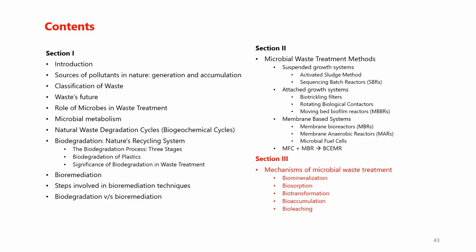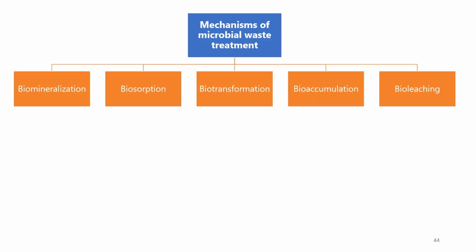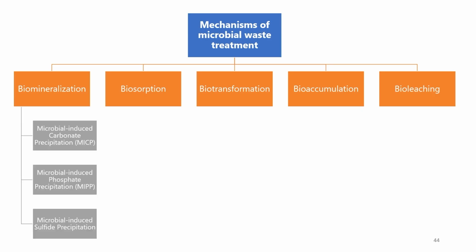Let us now go to section 3, where we will be discussing the mechanisms of microbial waste treatment, including biomineralization, biosorption, biotransformation, bioaccumulation and bioleaching. So, the various mechanisms of microbial waste treatment fall into biomineralization, biosorption, biotransformation, bioaccumulation and bioleaching.